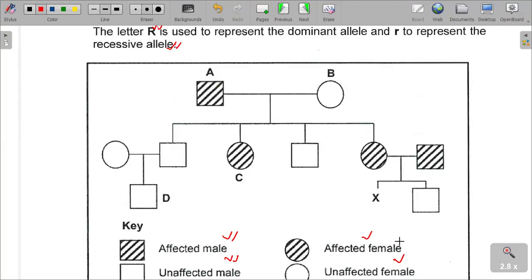Individual C has an affected father. This affected father is marrying a mother, and you need to think and check it right, because we have children: an unaffected son, an affected girl, another unaffected son, and then all the girls are affected.